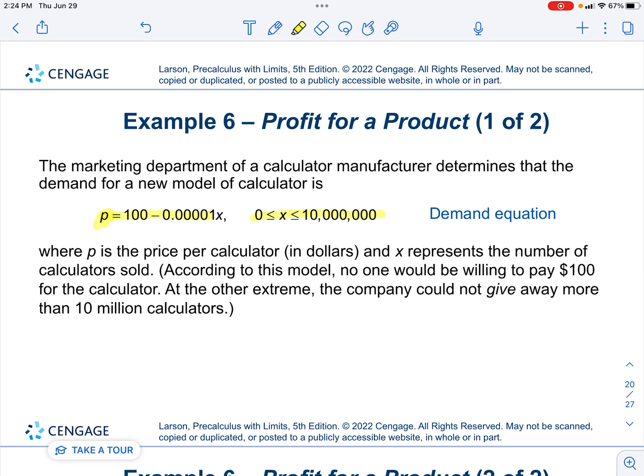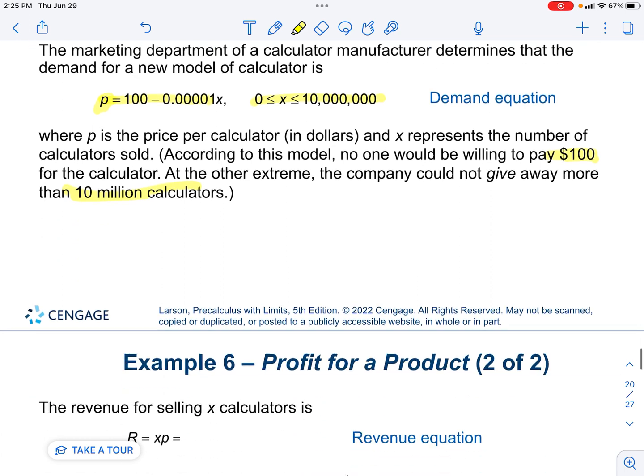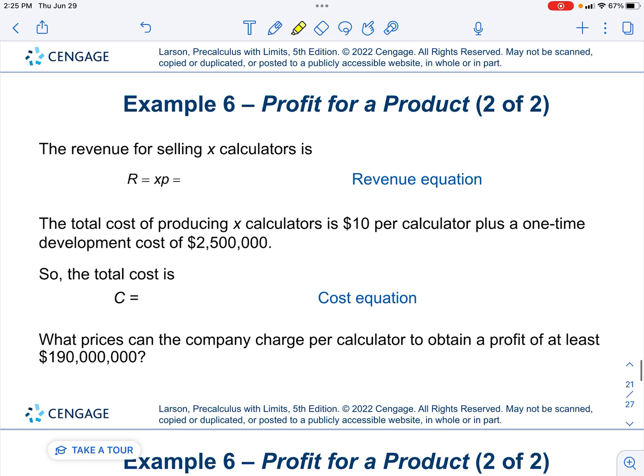So according to this model, no one would be willing to pay more than $100. And on the other extreme, the company cannot give away more than 10 million calculators or they will go out of business. So we'll start with a revenue equation. XP would be the number of calculators times the price that we sell it for.